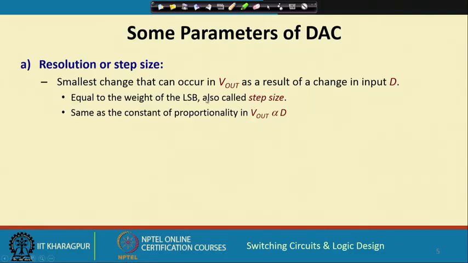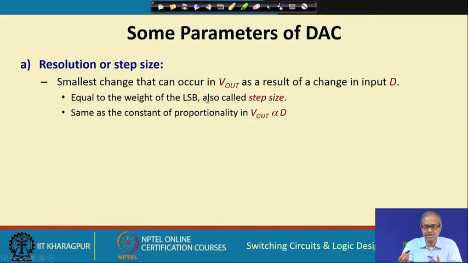This is what is defined as resolution or step size: the smallest change in the output voltage as a result of a change in D. The minimum change in D will be equivalent to 1: 0 to 1, 1 to 2, 2 to 3. So, you can say it is equivalent to the weight of the least significant bit. As if the least significant bit is changing, that will be equivalent to a step of 1.